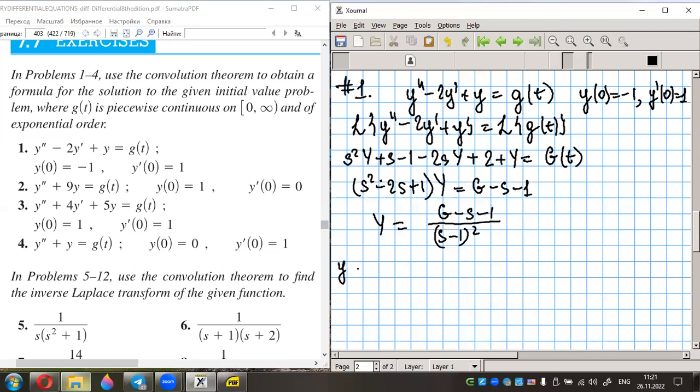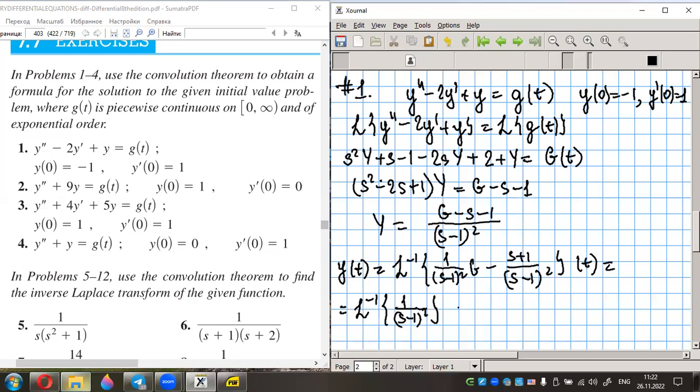So y of t equals minus 1 over s minus 1 squared times g minus s plus 1 over s minus 1 squared at t, equals minus 1 over s minus 1 squared of t star, L minus 1 g at t, and minus L minus 1 of s plus 1 over s minus 1 squared at point t.